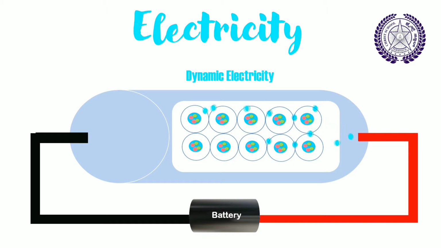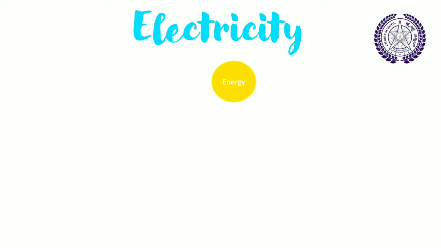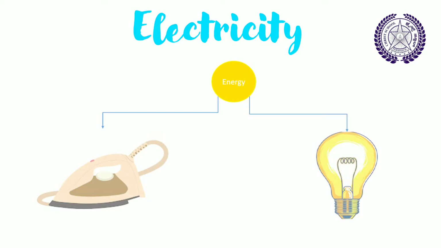This flow of electrons through a conductor is called electricity. This is also referred to as dynamic electricity. We get energy from this, which can be converted into other types of energies such as heat energy and light energy, which in turn is used in our day-to-day lives.